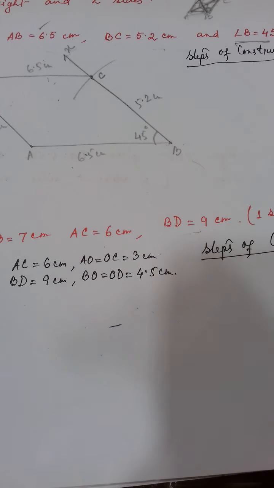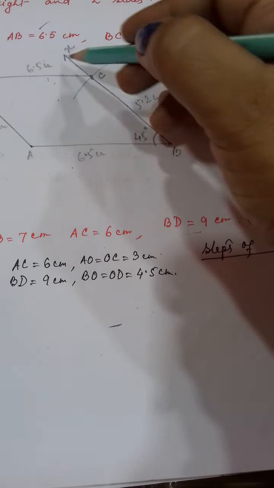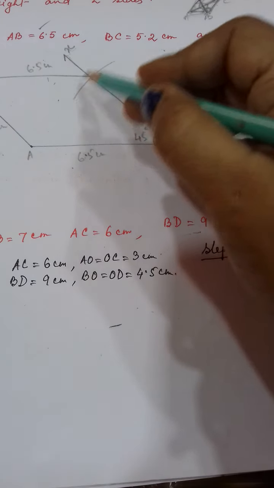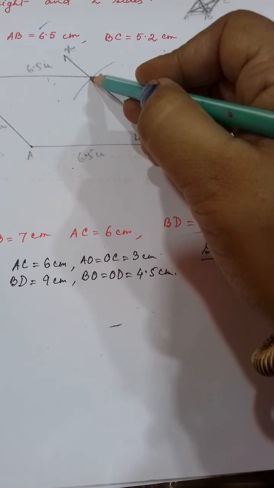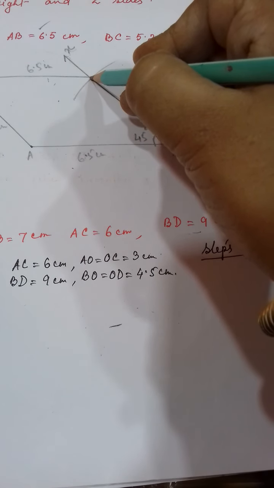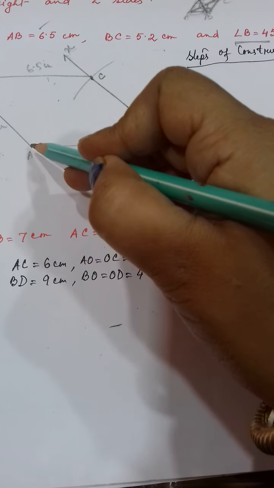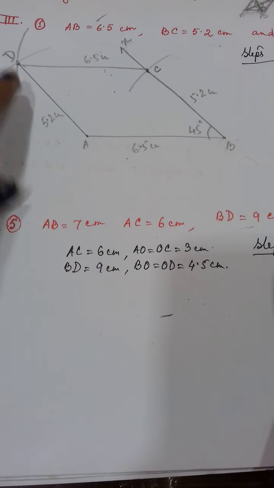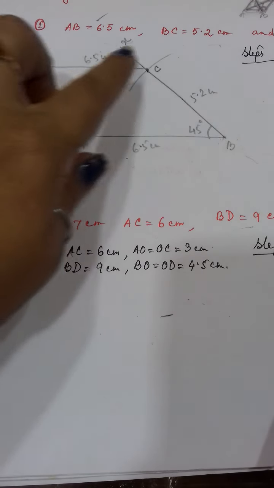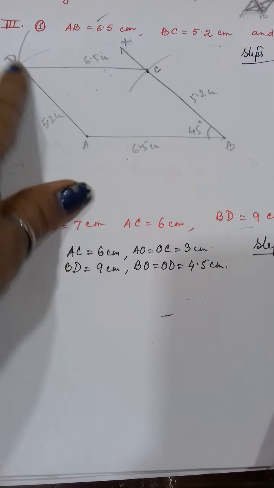Clear? Systematically, step by step you will write. First you have drawn the baseline, then you have constructed the angle, then you have drawn the arc, which means from BX you have got this point at point C. It intersects at point C. Then with C as the center, by taking the AB measurement, again you will draw another arc, which will intersect the previous arc at point D. Then you will join the points CD and AD.